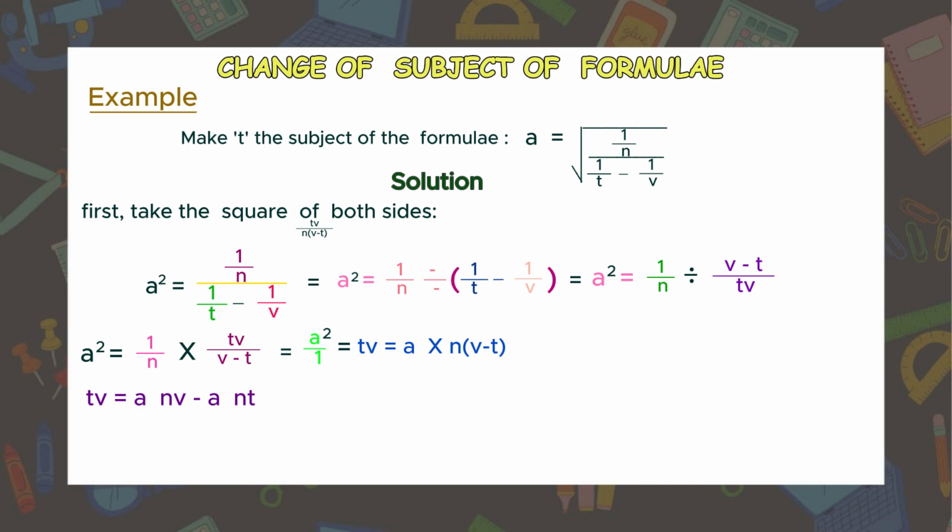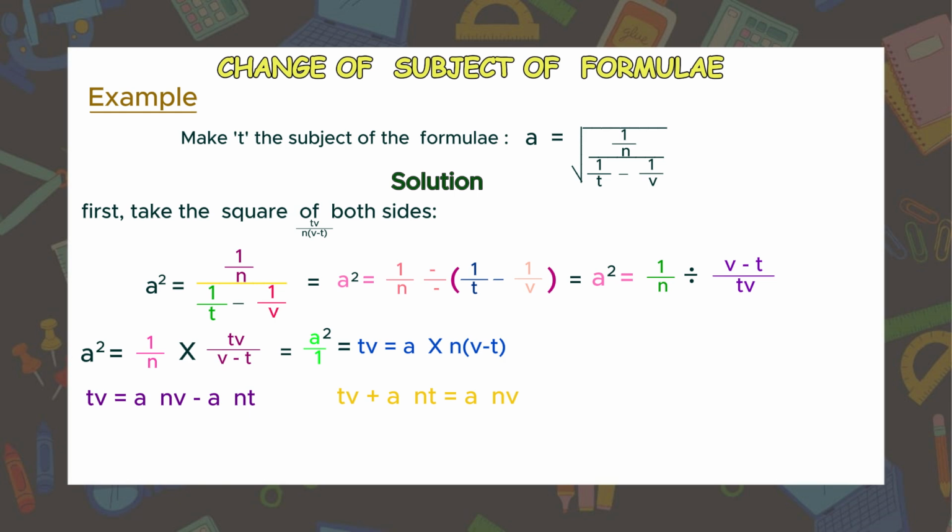Remember that we want to make t the subject of the formula. So here we have t. Let's cross this equal sign. It becomes positive: tv plus a squared nt, which is equal to a squared nv.